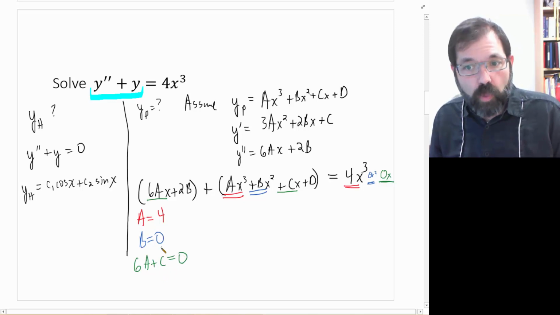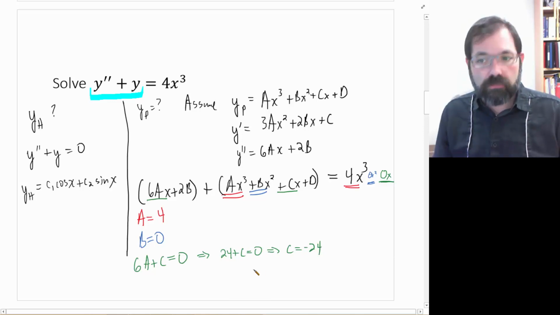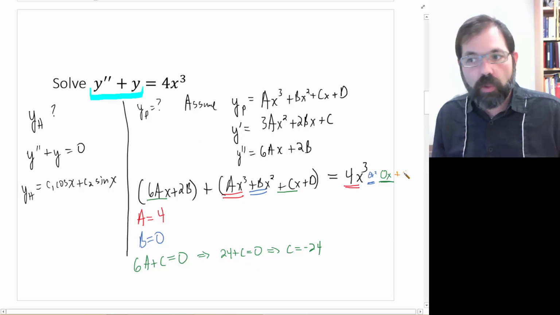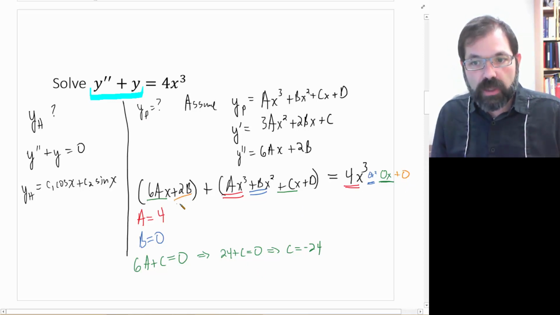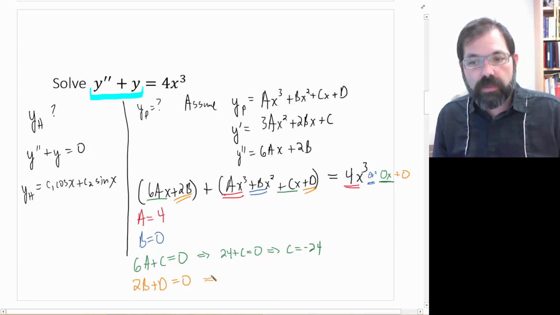I know a is 4, so 24 plus c must equal 0, and so c must equal negative 24. Finally, how about the constant? Again, I have 0 on the right, and I have 2b plus d on the left. So 2b plus d must equal 0, and I know b is 0, so 0 plus d is 0, and therefore d is 0.